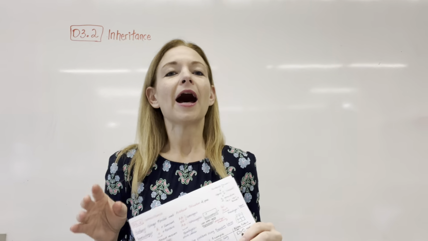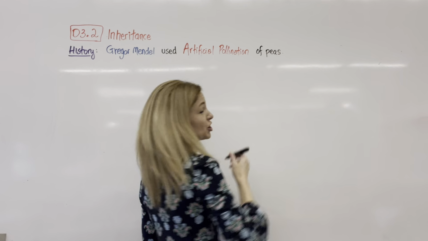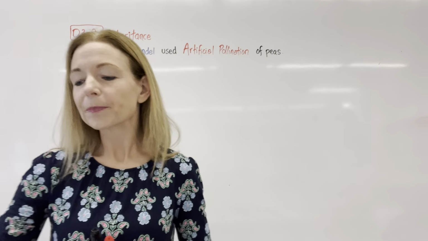He used artificial pollination, and I think that term is probably fairly self-evident: crossing pollen from one plant, putting it literally onto the stigma of another. Usually this means removing the anthers of the female plant and then placing the desired pollen there. His work was done with peas. He was living in a monastery, so it was essentially what was available to him.